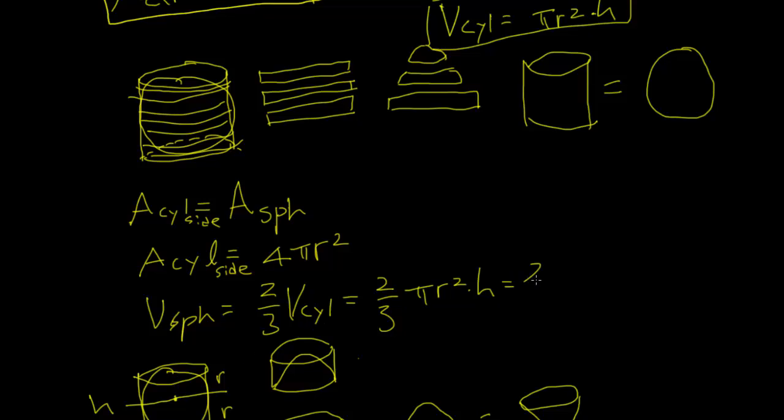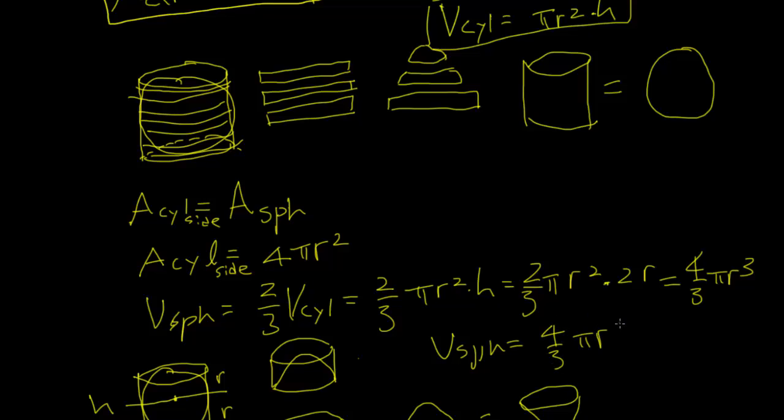So it's going to be 2/3 pi r squared times 2r, which is equal to 4 thirds pi r cubed. So the volume of a sphere is equal to 4 thirds pi r cubed.